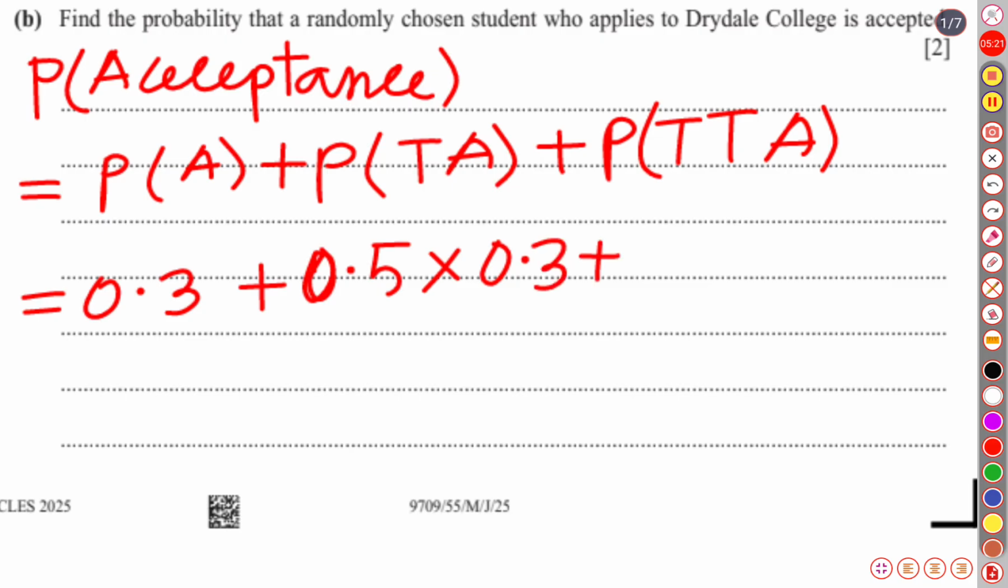Or back to back, first two times he needed to take a retest, so 0.5 first time retest, second time also retest, third time he was accepted, and the probability of acceptance is 0.25.